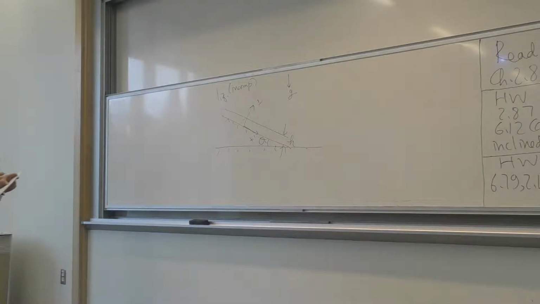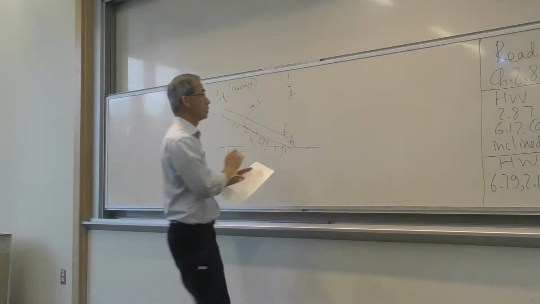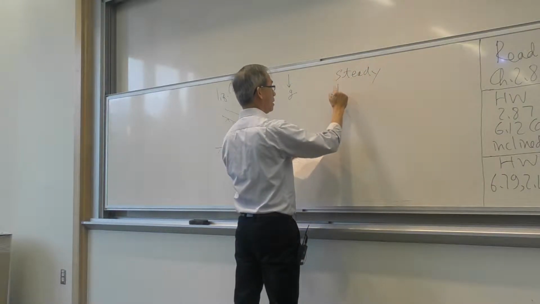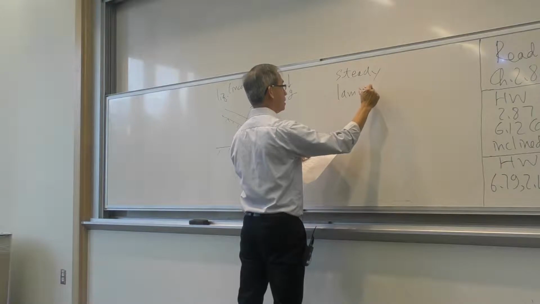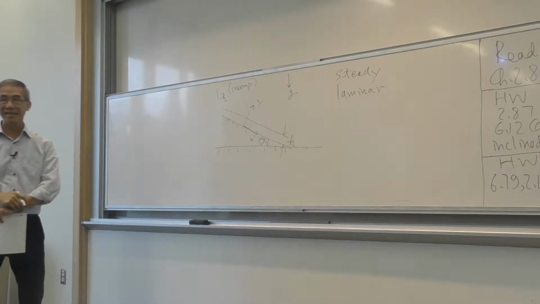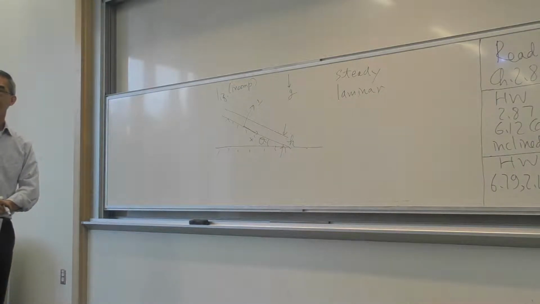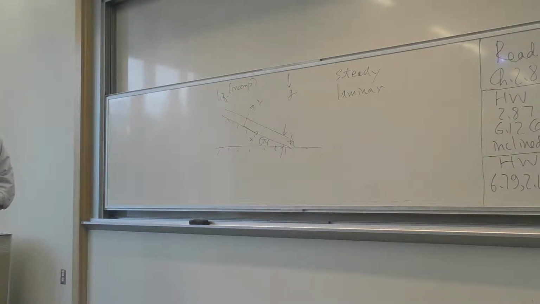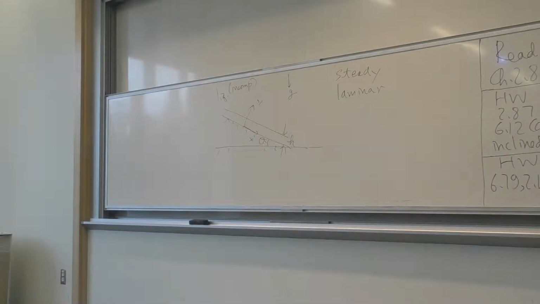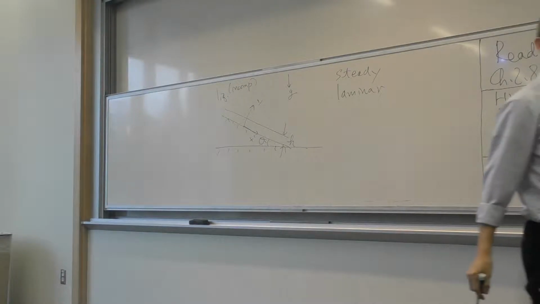And let's read the problem statement very carefully because each word has important implications. Steady, laminar, meaning that I can use the Navier-Stokes equation as is, as presented by us now, because if it's turbulent, then the velocity has to be changed from u to u mean plus a fluctuating velocity due to turbulence.